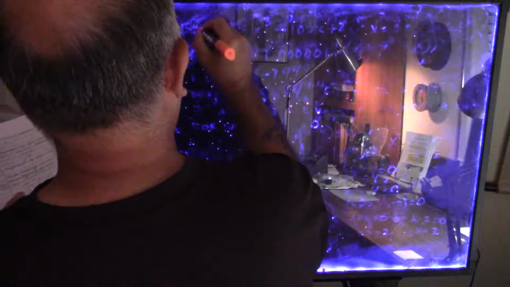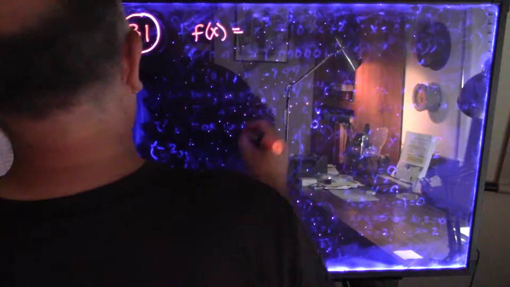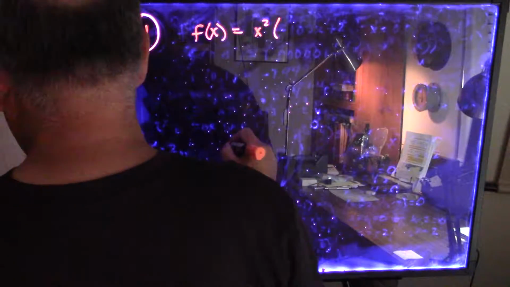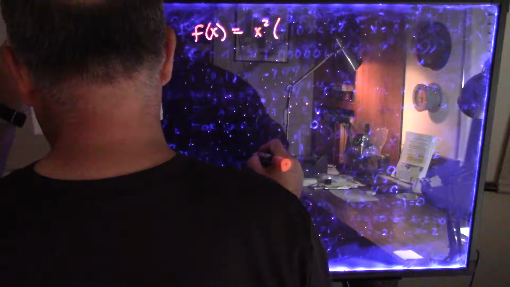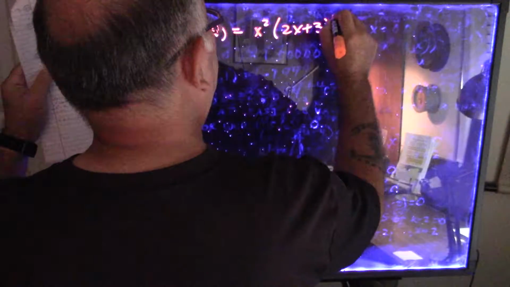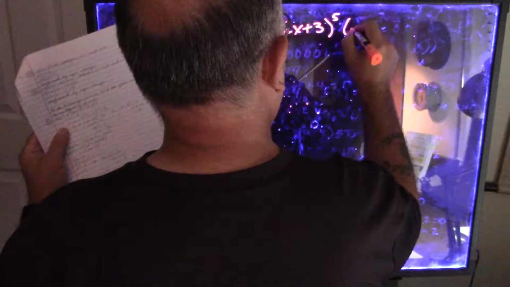Number 31. For the following exercises, find the zeros and give the multiplicity of each. Alright, so we have f of x equal to x squared times the quantity 2x plus 3, to the fifth, and then x minus 4 quantity squared.